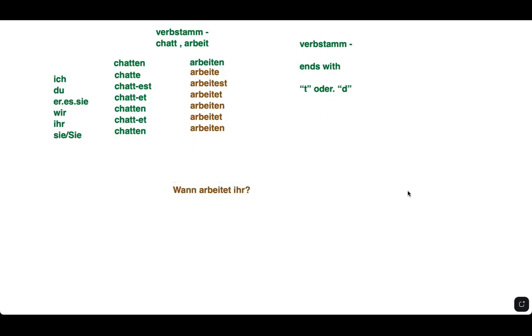I can use ihr for all of you. When do you all work? The answer can be wir arbeiten, von Montag bis Freitag. Von means from, bis means till. From Monday till Friday.